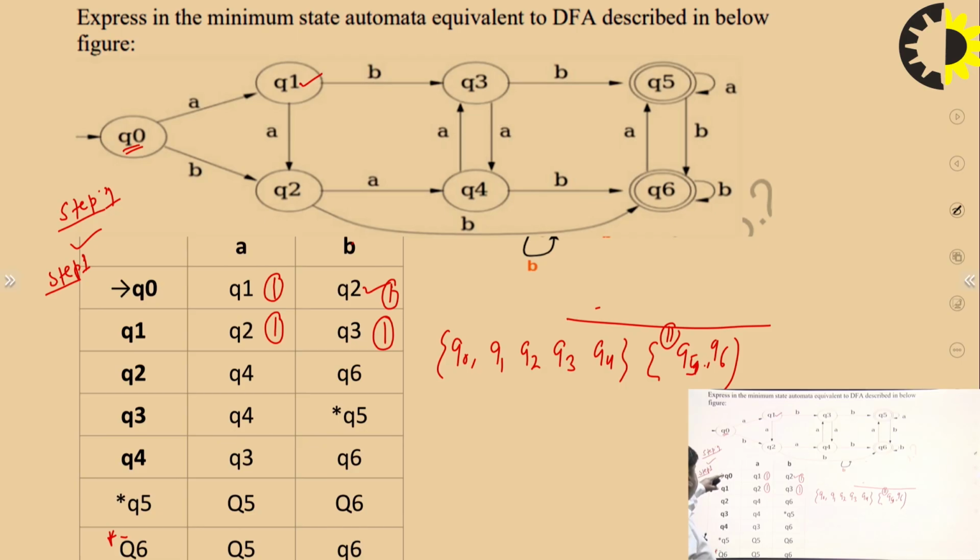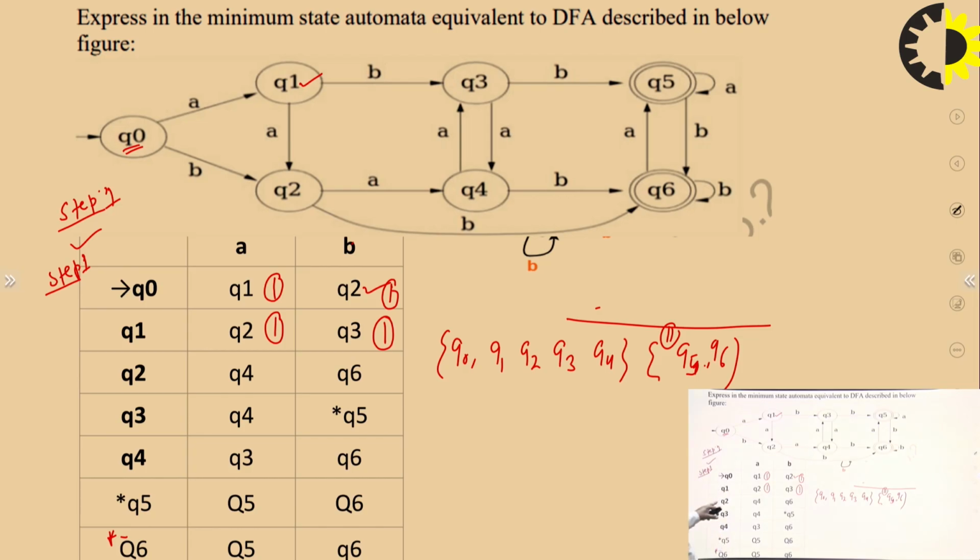It means these two states have similar behavior. For the A transition, it lies in set 1. For the B transition, it lies in set 1. It means these two states can be minimized and lie in the same set.